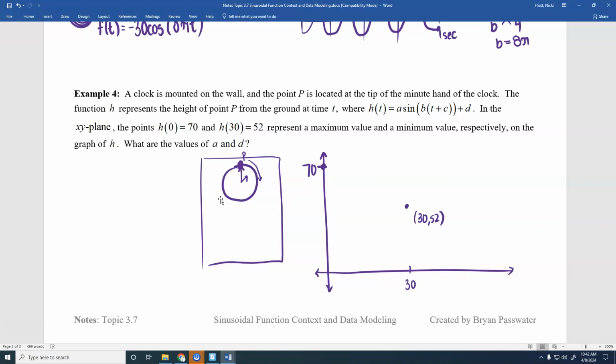And it tells us that these points represent a maximum value and a minimum value respectively. So that respectively means in order. So that's our maximum, that's our minimum right there. So our graph should look like this here, right? Our highest point should be 70. Our lowest point, the y-coordinate, is 52 right there.